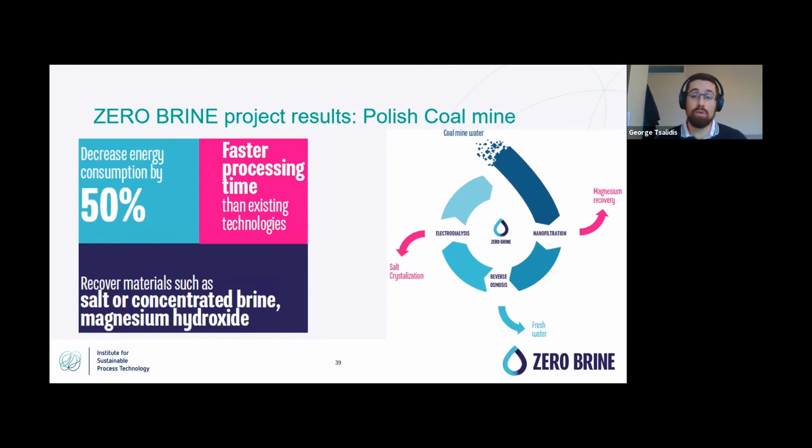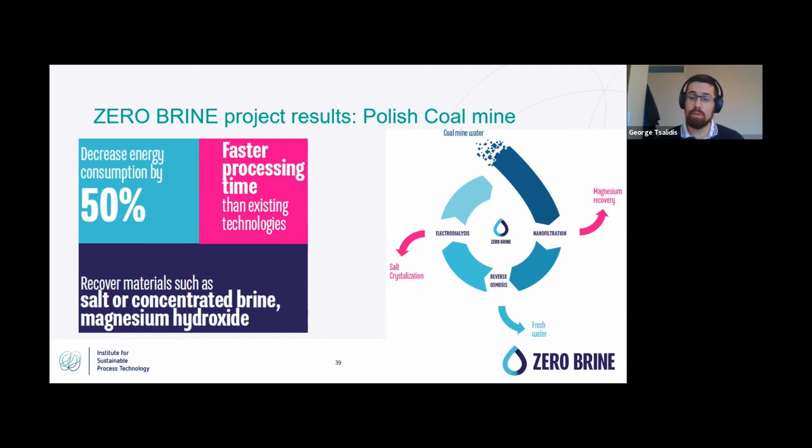The third case is about the coal mine, and the coal mine right now is disposing the brine to a river, but the plan is to stop doing that. There are other mines close by whose brine is being treated in order to recover clean water and salt.